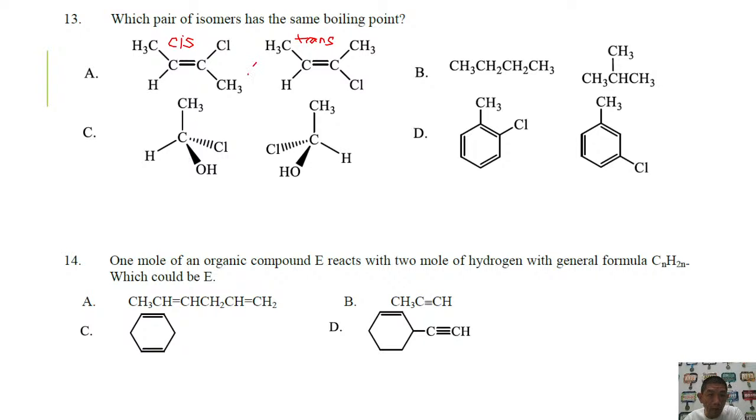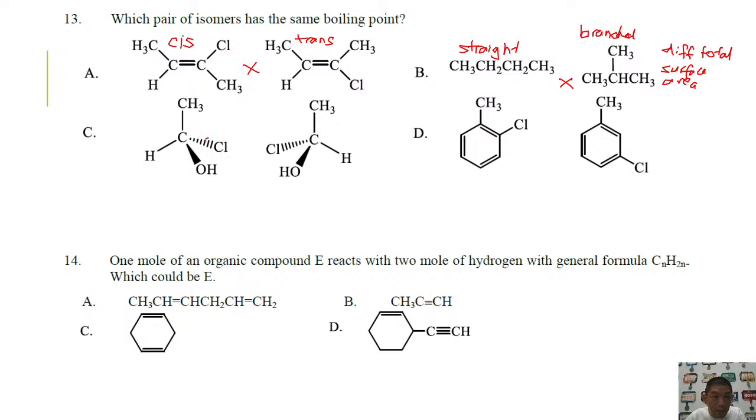So A is not going to be true because of the cis-trans structure. As for B, even though they are isomers, this is a straight chain, while this one is a branched chain. So they have different total surface area, so they are going to have different physical properties. So B is also not true.